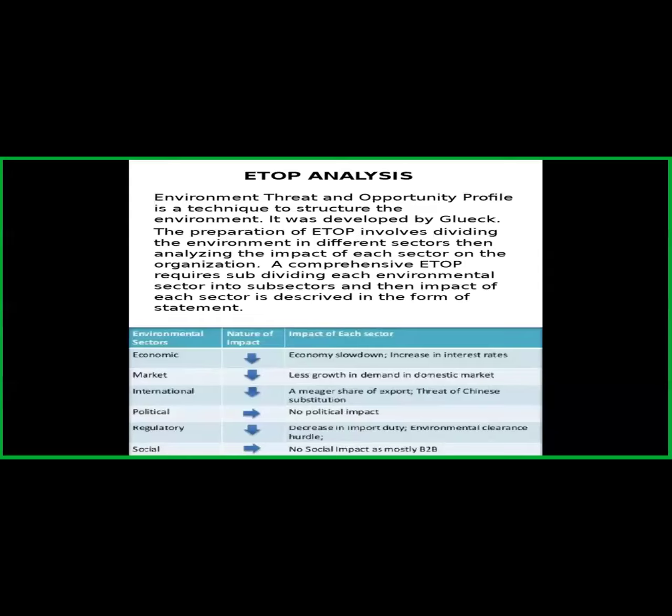Threat of Chinese substitution. That is a very huge threat. Every company is having that threat, and particularly the European and American companies, or Western companies, they are under tremendous threat of Chinese substitution.